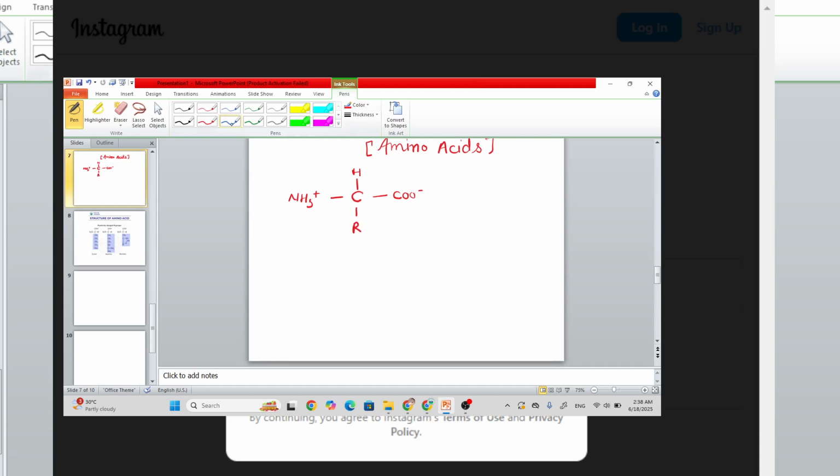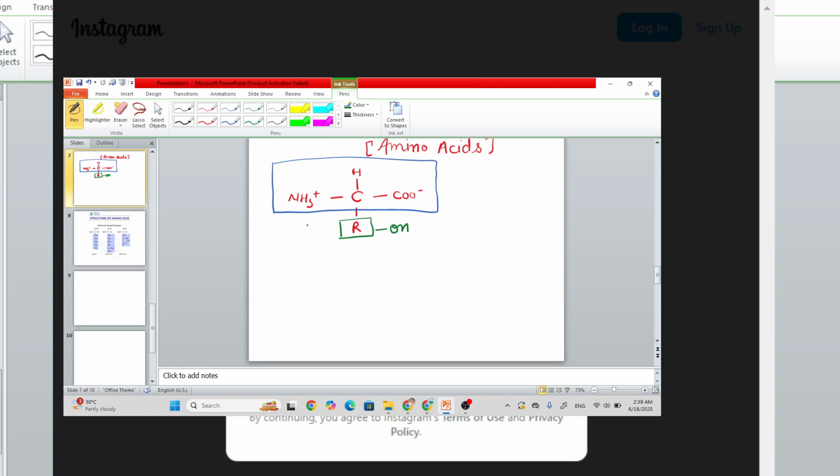This structure is the same in every amino acid, but there is a difference in the R chain. On the basis of their R chain, amino acids are classified into different classes.